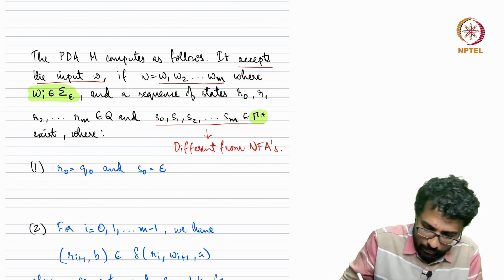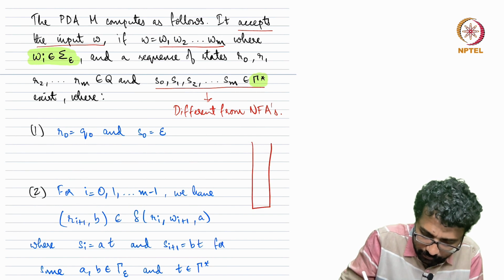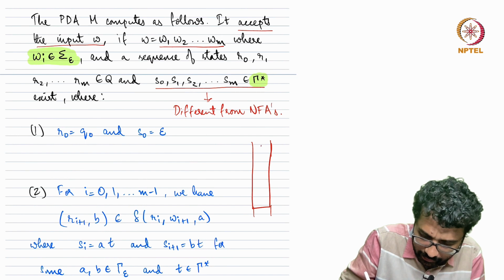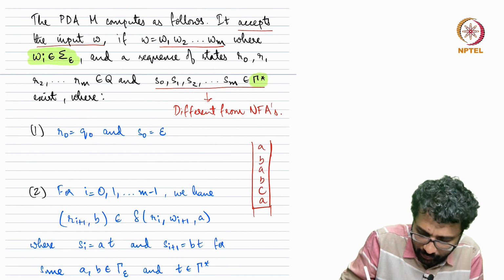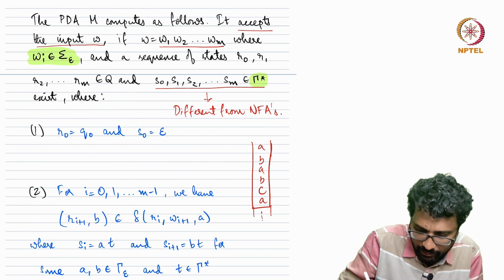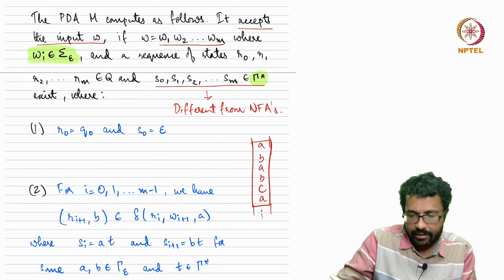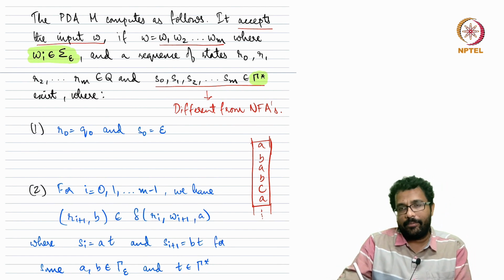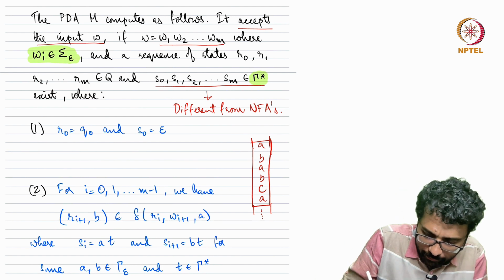Suppose at some point the stack contains the string A, B, C, A, and that's the bottom. At this stage the string corresponding to the stack is ABCA. In the next step I may push a string.